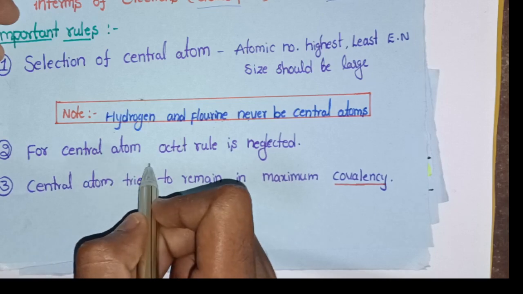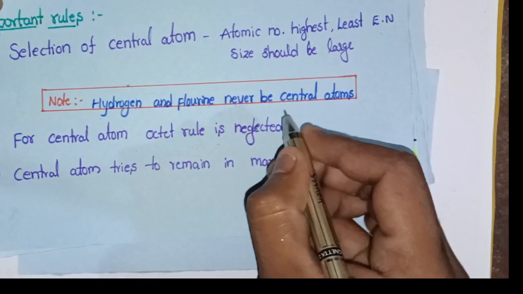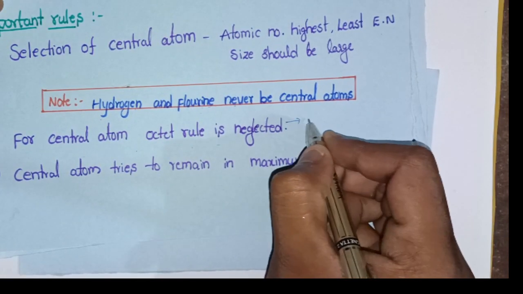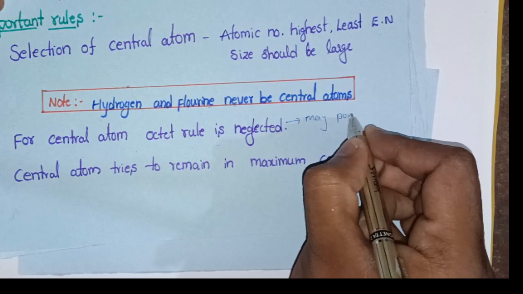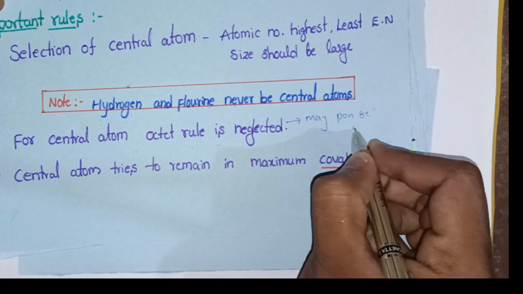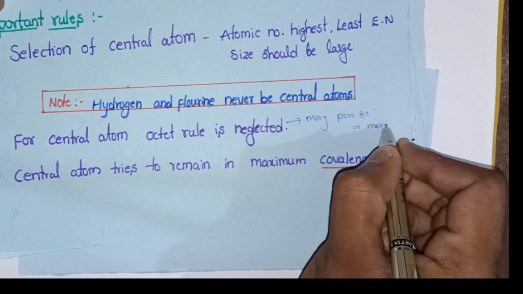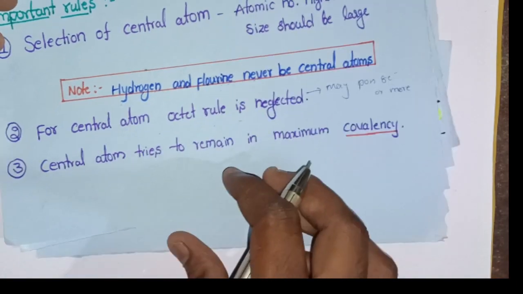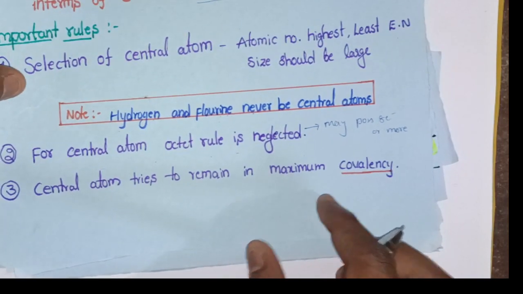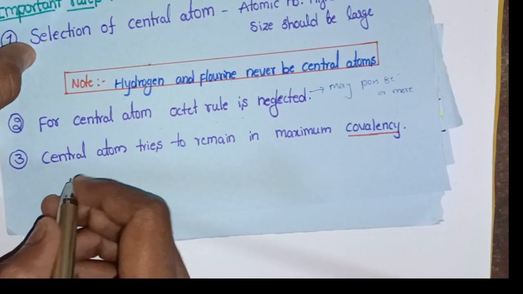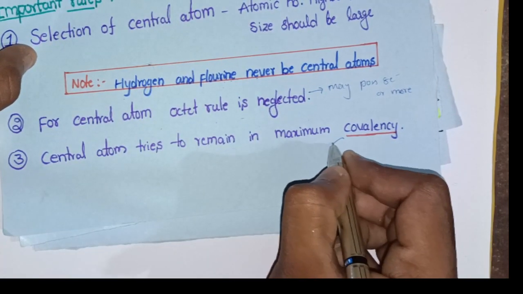For the central atom, the octet rule is neglected. It means the central atom may possess 8 electrons or more, not less than 8 electrons. The central atom tries to remain in maximum covalency. What is covalency?